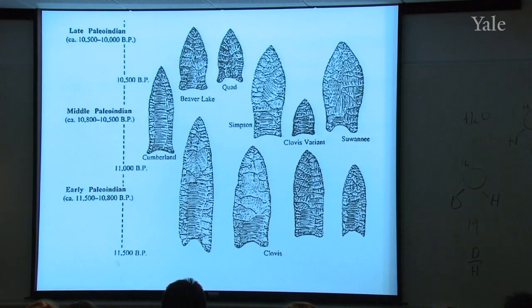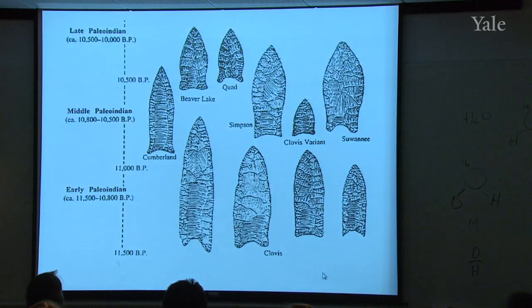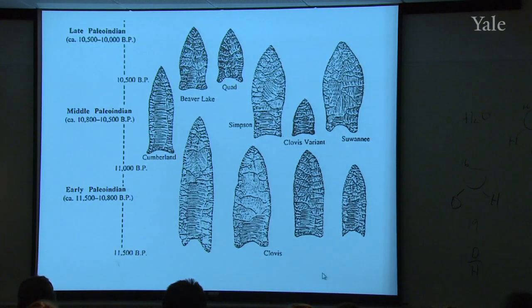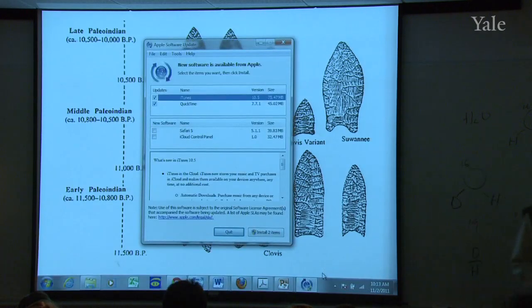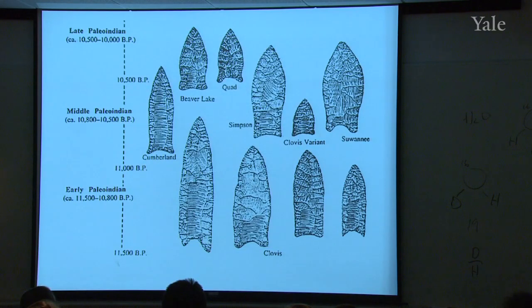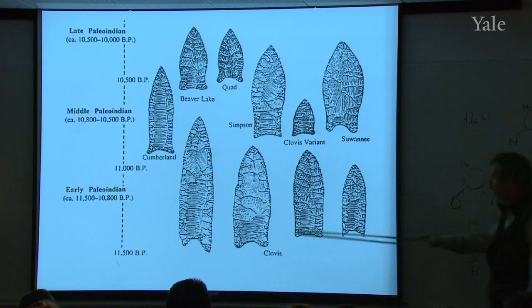The way anthropologists or archaeologists describe the different cultures in the Americas is by the type of arrowheads that they made. So the Clovis culture, sorry about that, would have made the Clovis points.